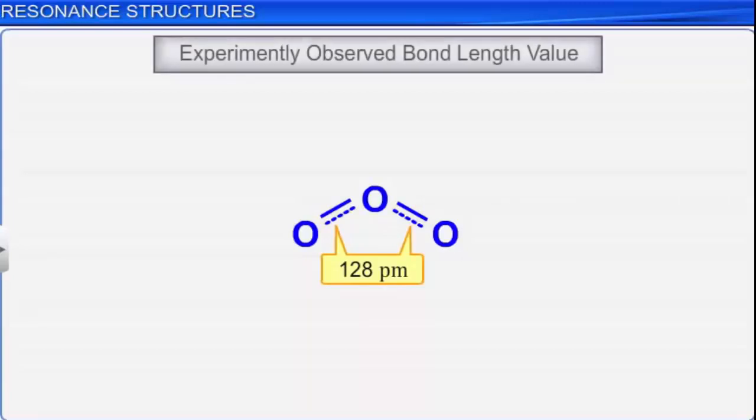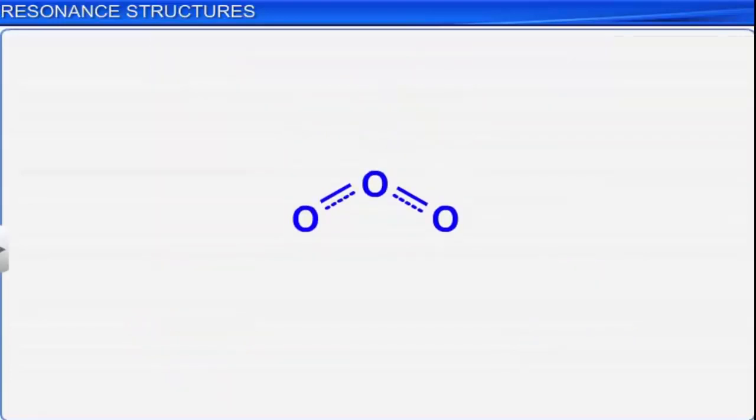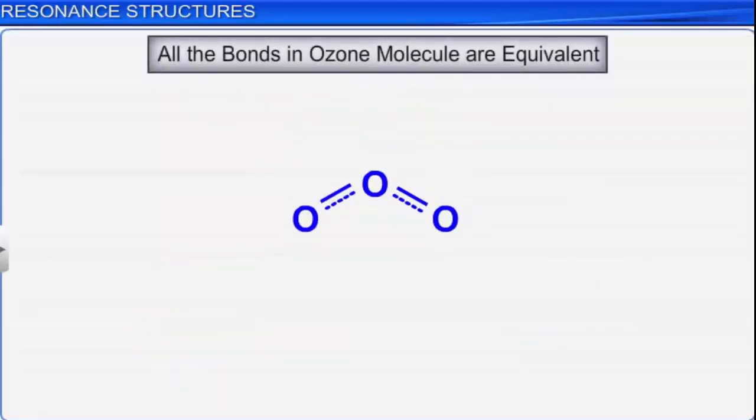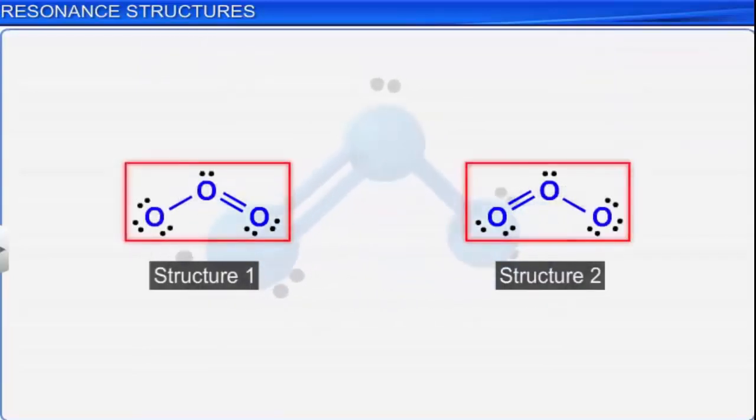This implies that the bond length between the oxygen atoms in the ozone molecule is intermediate between the oxygen-oxygen single bond and oxygen-oxygen double bond. It means that all the bonds in the ozone molecule are equivalent. Therefore, neither structure 1 nor structure 2 explains the observed bond length.